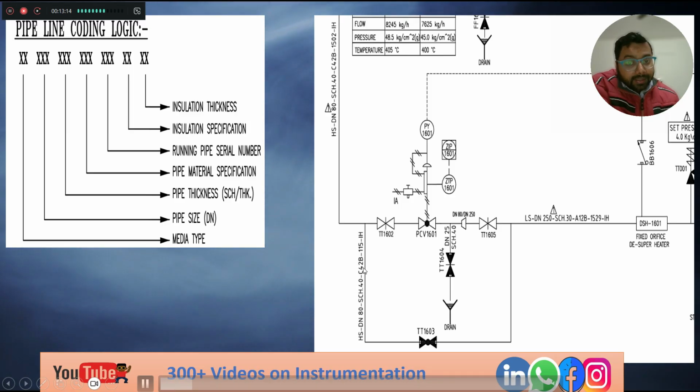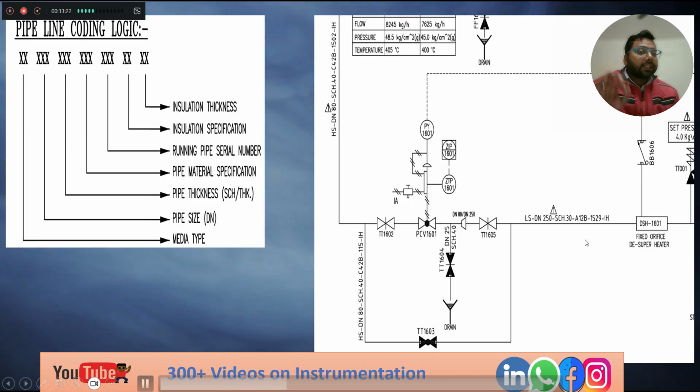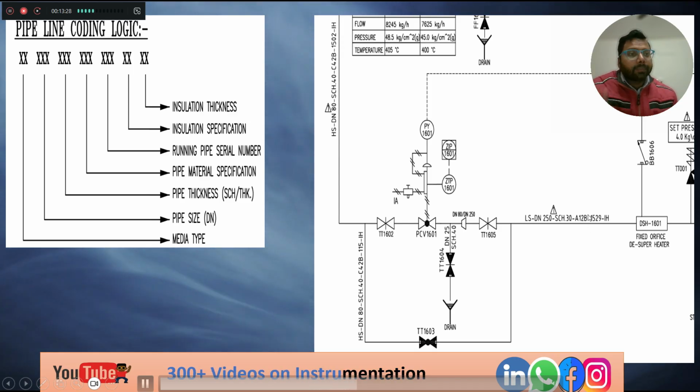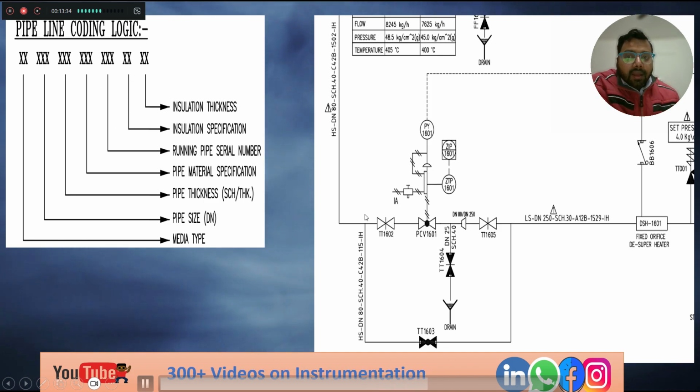Here C42B, A12B, you do not need to pay attention to these. Once again I am telling you, this C, A class, anything, what is the meaning of the two, it is also mentioned by the OEM or the party who has given this P&ID. The next group represents the running pipe serial number, here is 115, here is 1529.